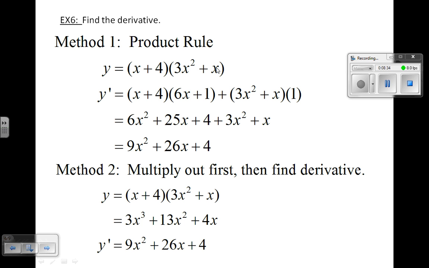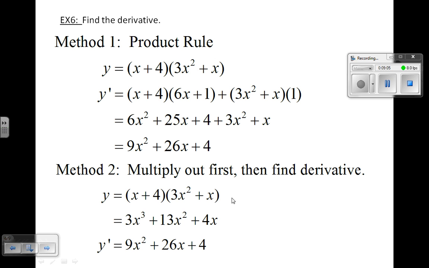Derivative of x, the coefficient is 1, x to the first power. So the 1 comes down, 1 times 1 is 1, x to the 0, anything to the 0 is 1. So I just get 1. Plus the second part times the derivative of the first part. Again, derivative of x is just 1, derivative of 4 is 0. Clean it all up, you get this.